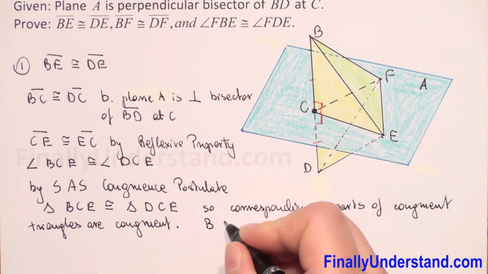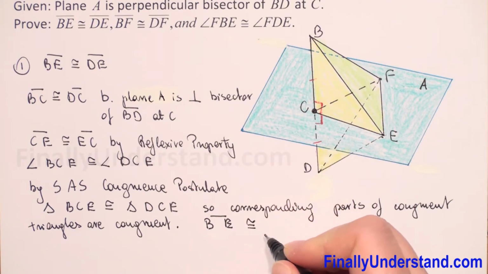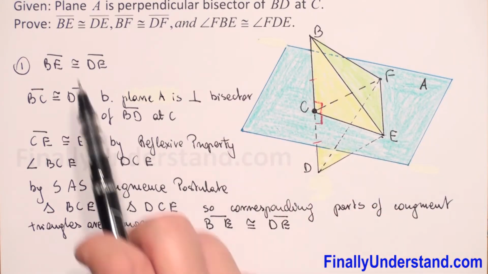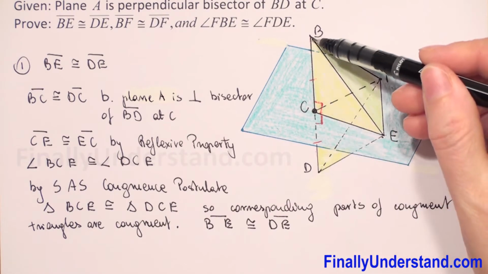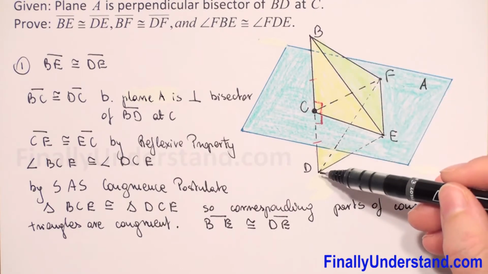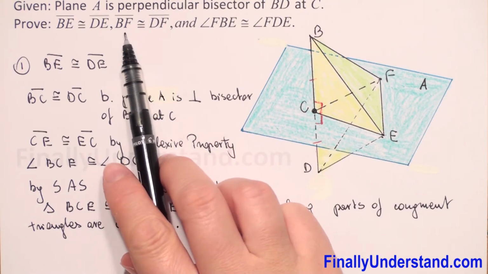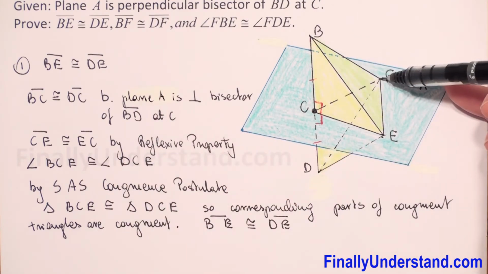So we have answered the first part: BE segment is congruent to DE because triangle BCE is congruent to triangle DCE. So next we have to prove that BF is congruent to DF.